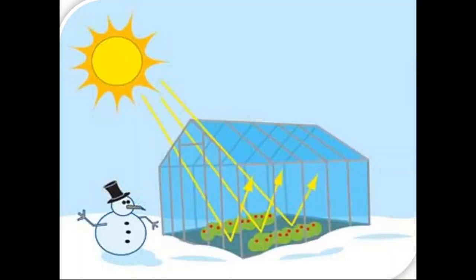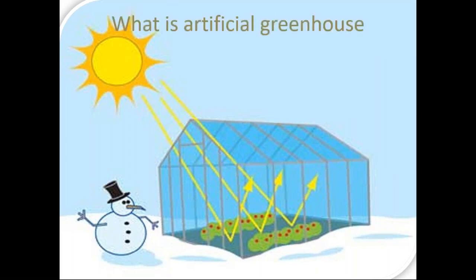Okay, now let me explain it for you to understand greenhouse gas. This is an artificial greenhouse, basically for those who grow leguminous plants like tomatoes, pepper, vegetables, and the rest of them. Now, it is possible to grow these plants when they are out of season.